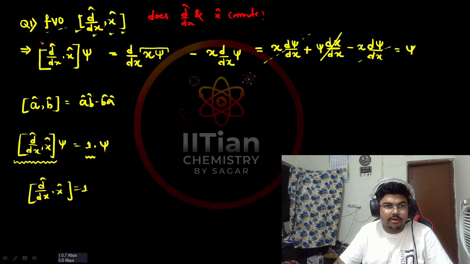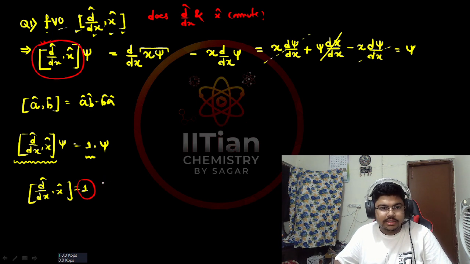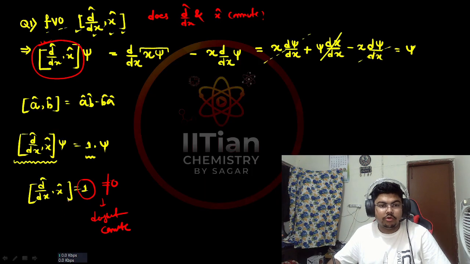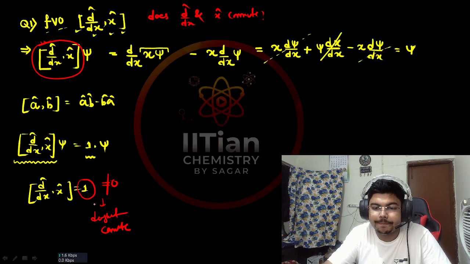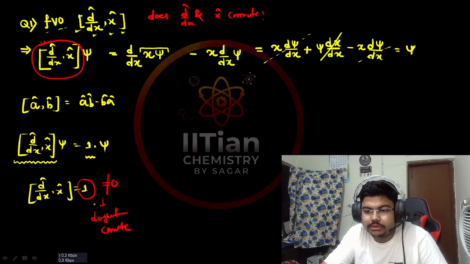Let's see what is the value of the commutator. The value of the commutator is 1, that is not equal to 0. That means it does not commute. If the value of the commutator becomes 0, then it commutes. But the value of the commutator here is non-zero. That means it doesn't commute. Okay.